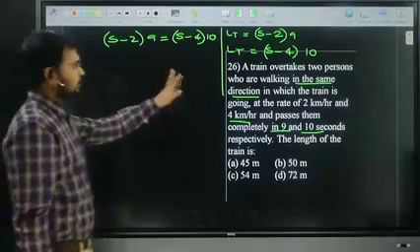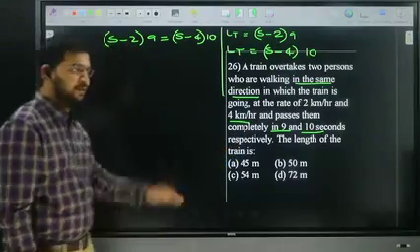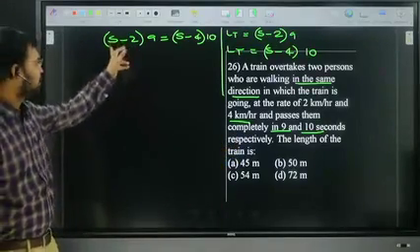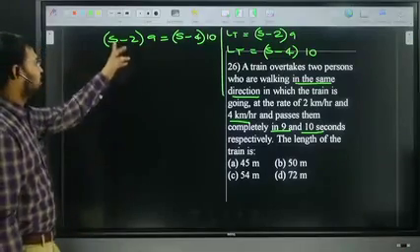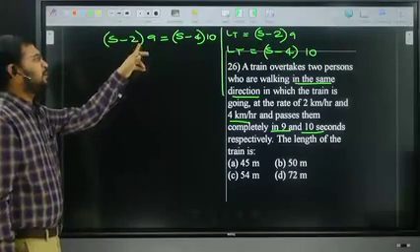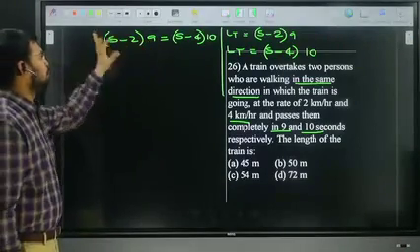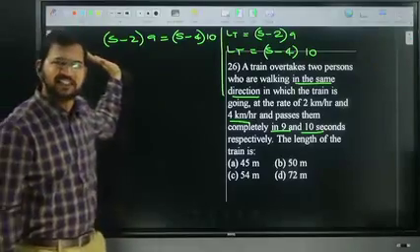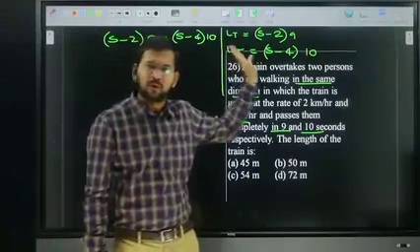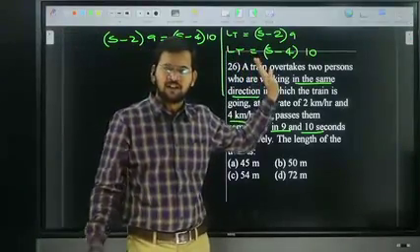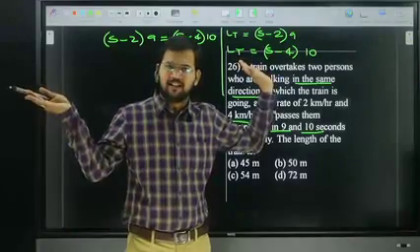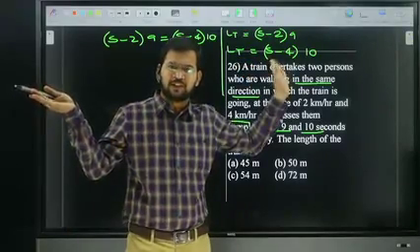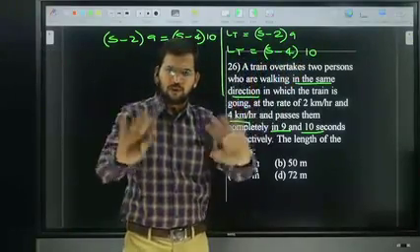Whenever they are asking for the length of the train, before finding it, first of all we need to get the speed of the train. Here, 2 is in kilometer per hour but 9 is in seconds. If you do unit conversion on the LHS, the same thing you have to do on the RHS, so it automatically gets cancelled. So no need to go for unit conversion now.